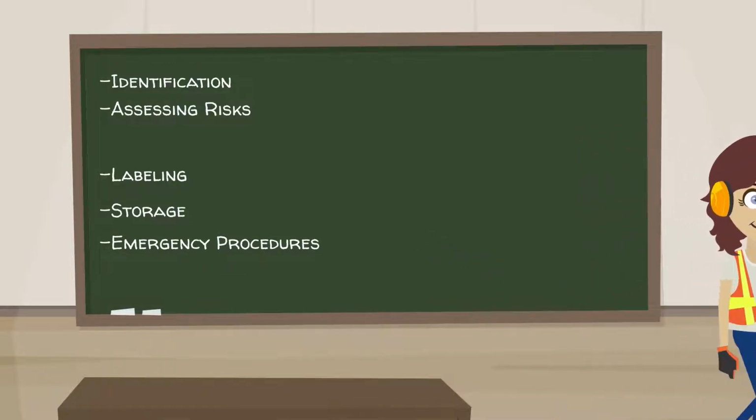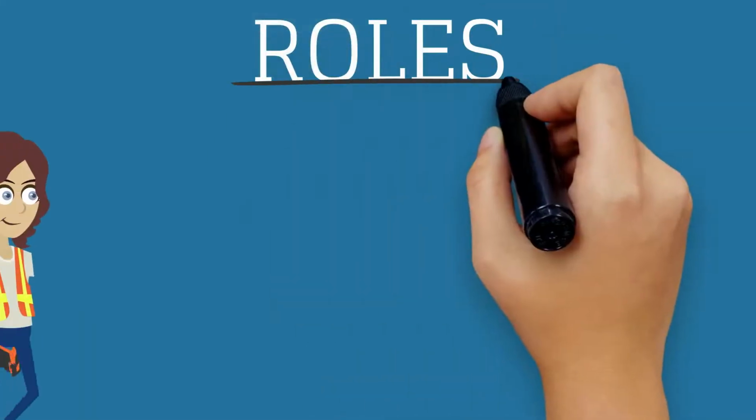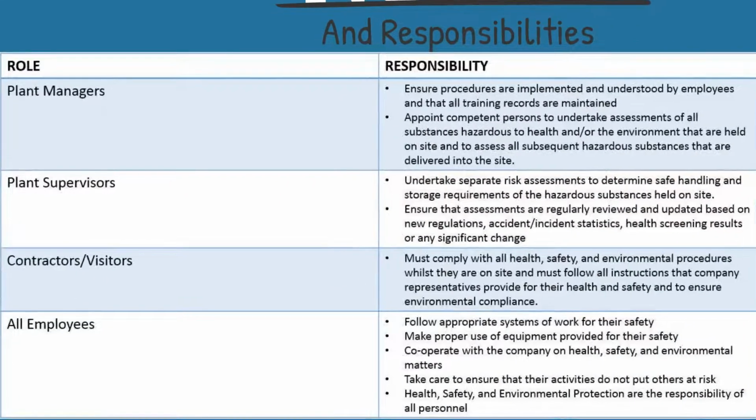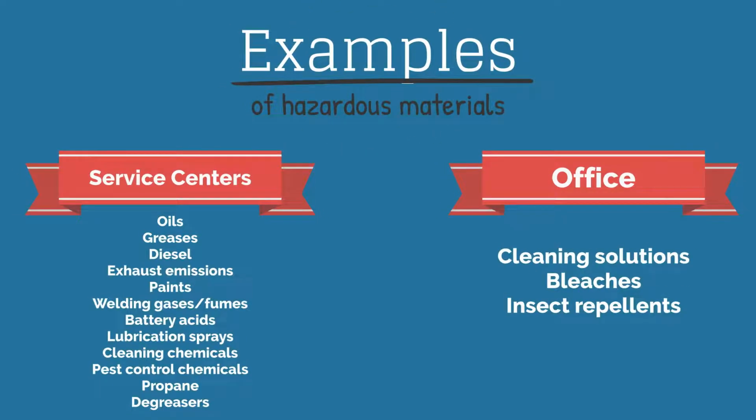Before we get started, let's look at some roles and responsibilities, as well as some examples of substances with the capacity to cause harm to an employee. Now, let's get familiar with definitions you should know.